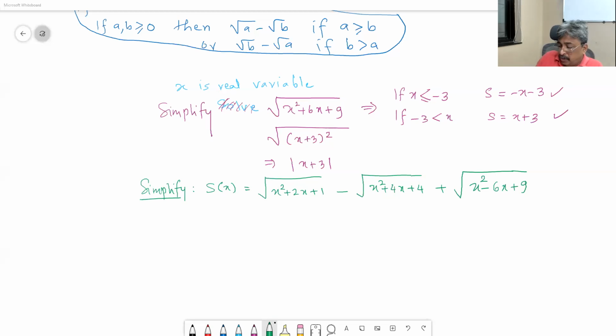First step is obvious. S of x is equal to mod x plus 1 minus mod x plus 2 plus mod x minus 3.